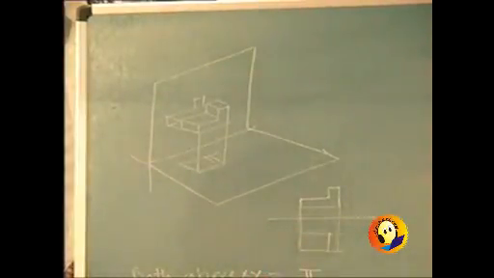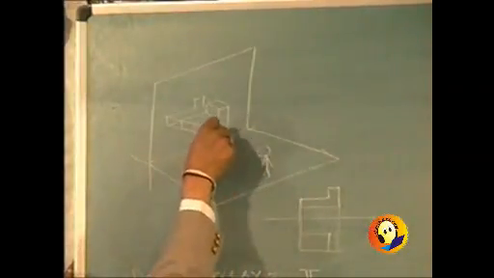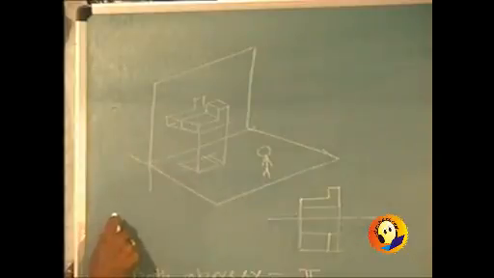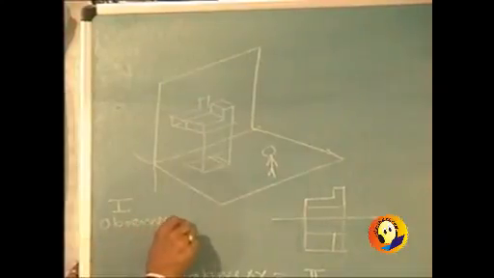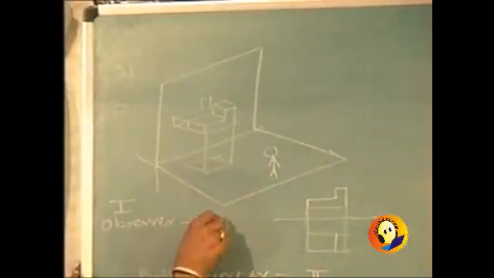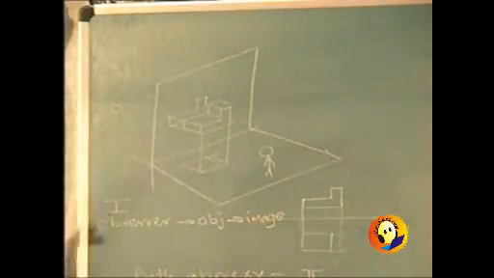But the sequence, if you see, it is going to be the observer, object and image. For first angle method of projection, it will be observer looking at the object to get the image. It is as if the shadow is taken on the particular plane.